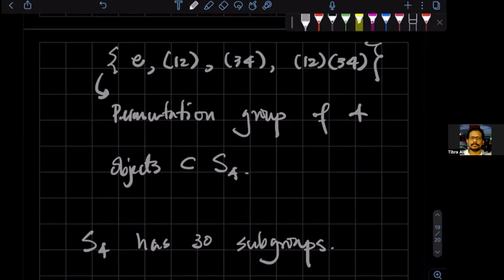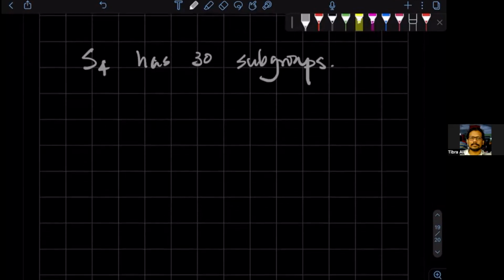So let me make an observation about, I think these are called Cayley tables, the multiplication tables. Let me call it a simple theorem. Permutation groups, the symmetric groups, are very, very powerful, and because of this theorem.